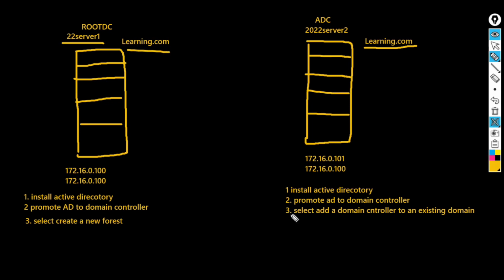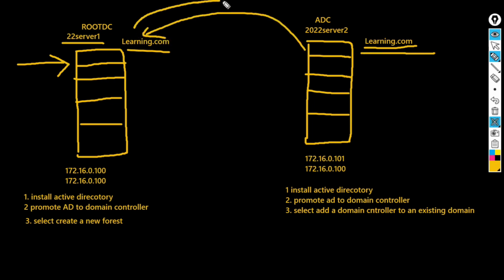And then after configuring this, we'll check the replication. We'll create some users in the root DC and we'll come and check the additional domain controller. The user should be replicated here, means the same user should be copied here. Also we'll create some user in ADC and again the same user you can see in the root DC.